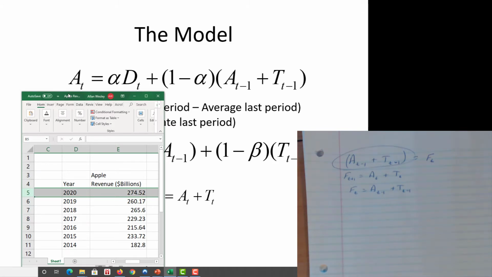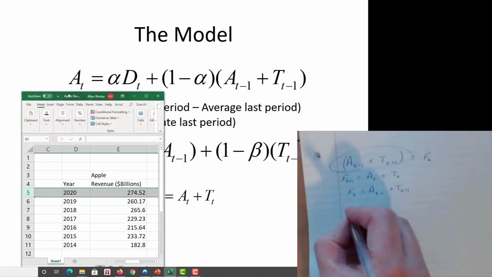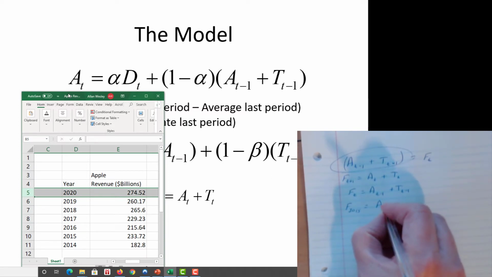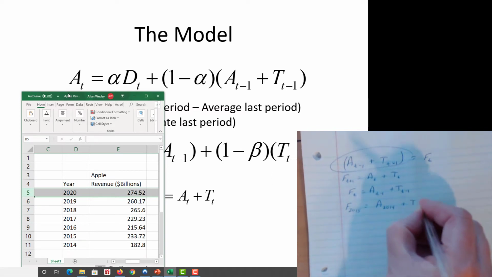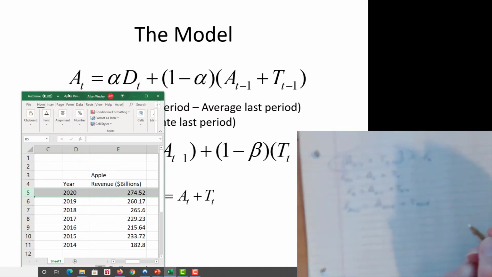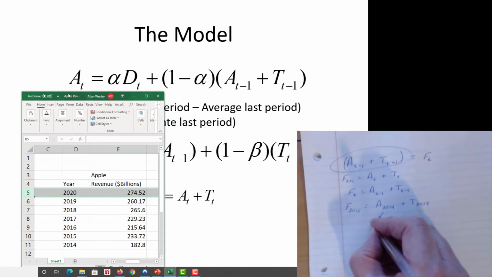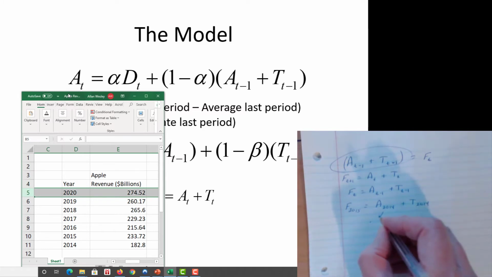And then I start to think, well, can I do a forecast for 2014 with this model? I'm not sure, right? And so I look, hey, what does that forecast for 2015 look like? Well, that requires an average from 2014 plus the trend from 2014. The average from 2014 will depend on a forecast for 2013, right?